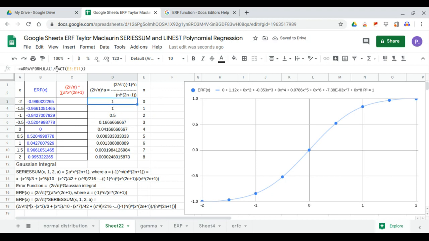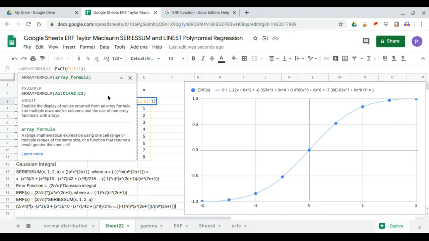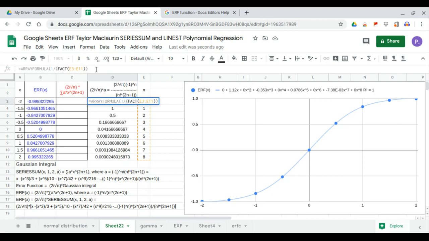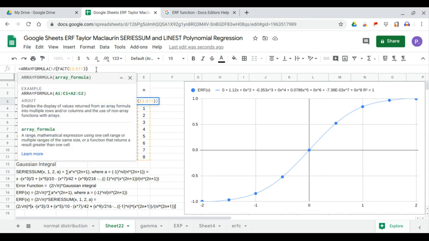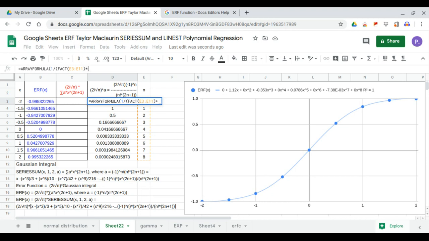We'll complete the denominator. So we multiply 2n plus 1 to the factorial. 2 times n plus 1.